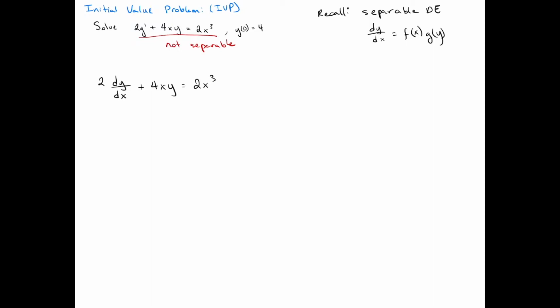If we're not sure whether this is separable, we can check again by solving for dy over dx and seeing if we get that form. First, bring the 4xy to the other side, so 2x cubed minus 4xy, and then divide both sides by 2 to get dy over dx equals x cubed minus 2xy.